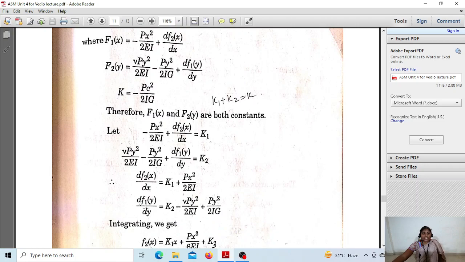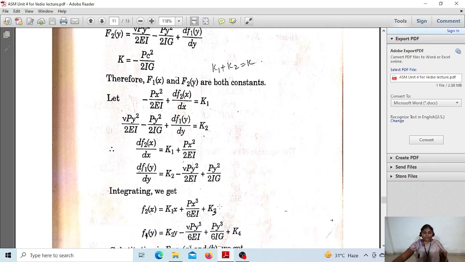Similarly, df1 of y by dy is equal to k2 into minus py square by 2EI plus py square by 2Iz. Now we want to find f, because f1 of y and f2 of x are constants. Now if you integrate it, then you will get these constants.